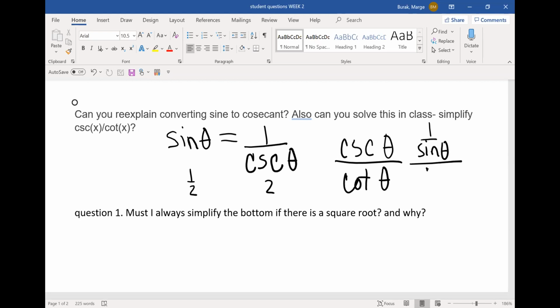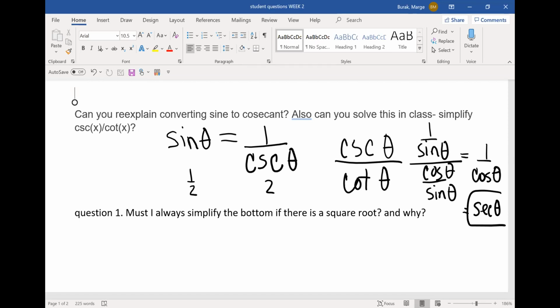Cotangent is cosine over sine. And we've talked, if the fractions have the same denominator, they cancel out, which leaves me with 1 over cosine. And otherwise, you would times by the reciprocal of the denominator, and you'll still get 1 over cosine, which turns into secant. Yay!